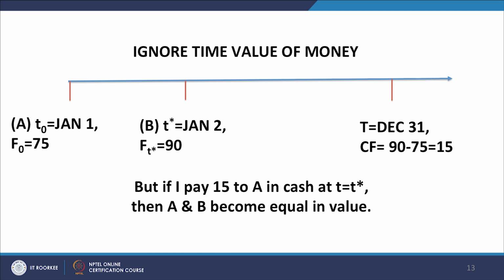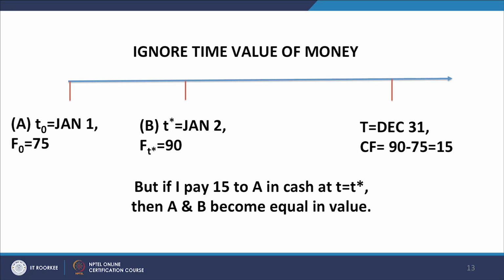There is a futures contract that we have taken up: a long position in a futures contract on January 1, which entails the delivery of the underlying asset on December 31st at a price of 75 rupees.